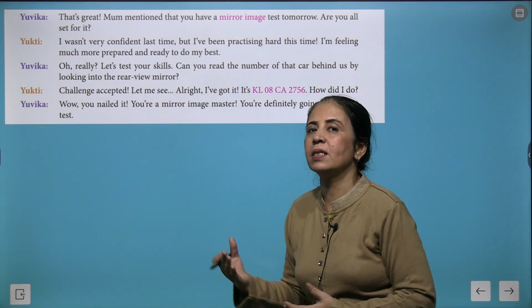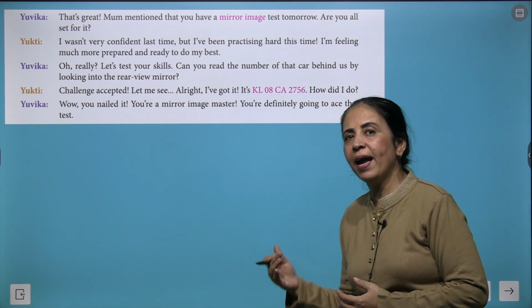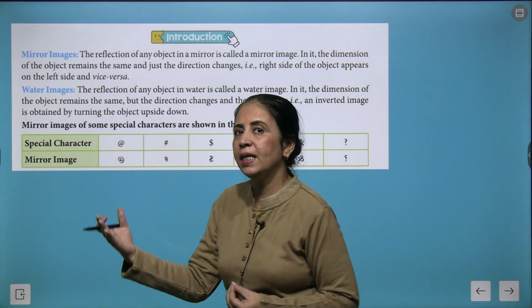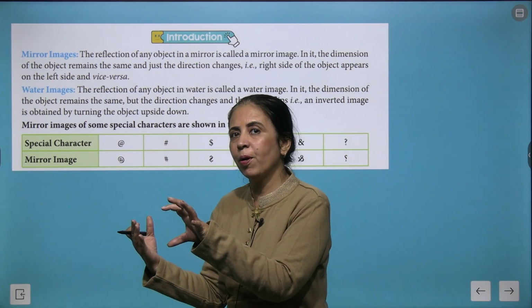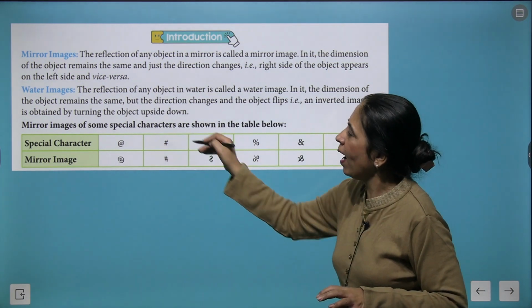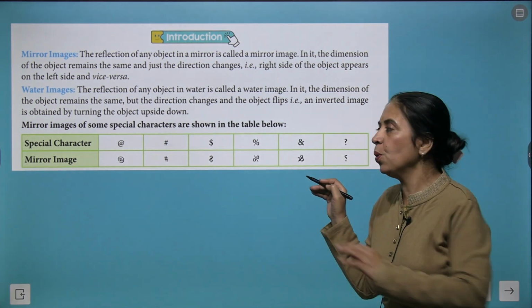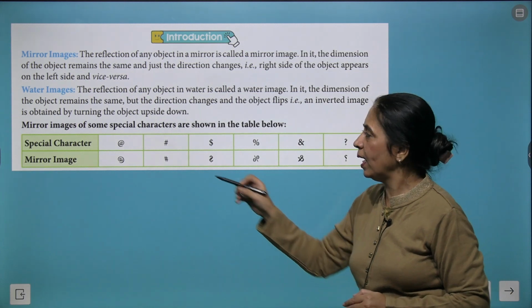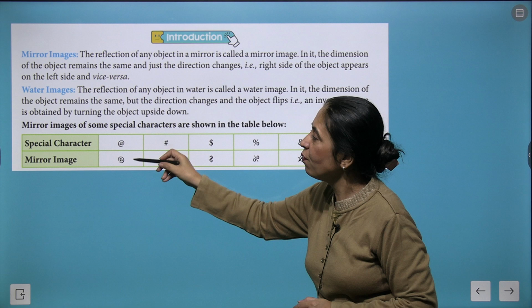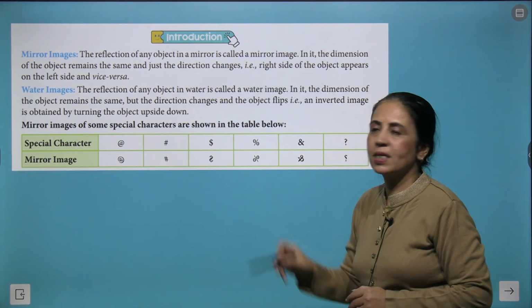But now is the time to move more ahead and learn how special characters are dealt with when you look at the mirror image or the water image of it. So we have some special characters for you and we'll see how they appear when you look at their mirror image. Here we have @, hash looks like this.